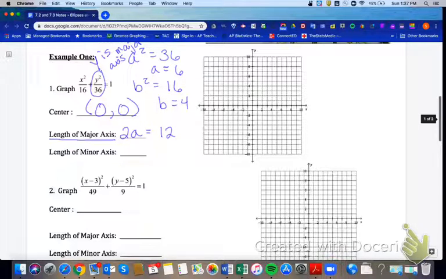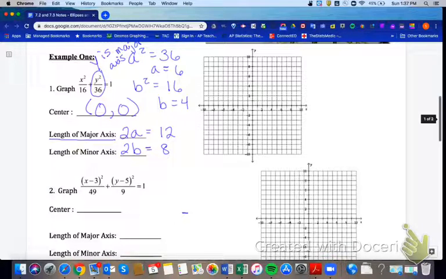So the length of the major axis is 12 units long. The minor axis, the distance from the center out to the shorter part of the ellipse, is b, and since you're going in both directions, the length of the minor axis is 2 times b. Well, since b is 4, 2 times 4 gives us 8.